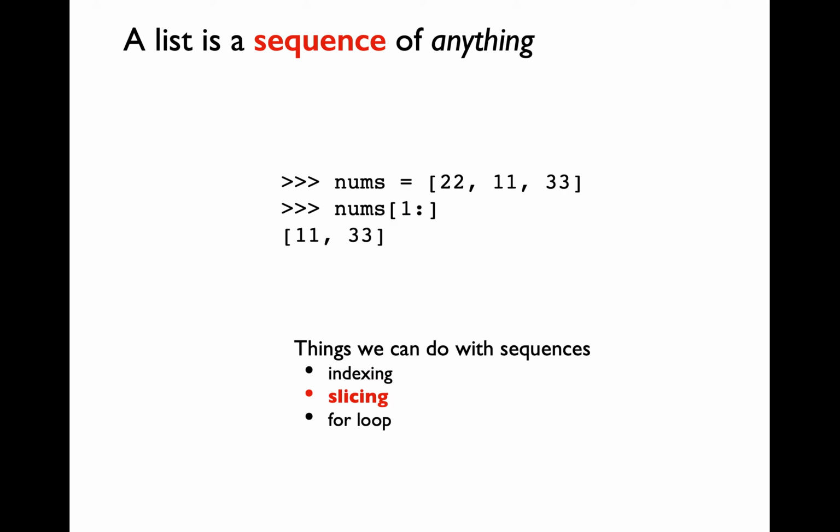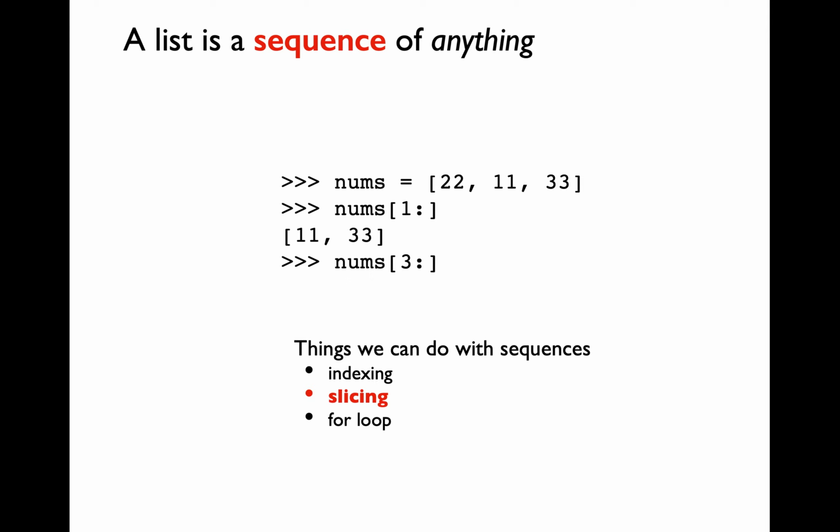Let's talk about slicing. Whenever you slice a particular sequence, you're going to get a subsequence of the same type. If you slice a string, you're going to get a string. So if you slice a list, you're going to get another list. So we are extracting the slice of nums of 1 colon here. That's going to get all the items from index position 1 up until the end, which is going to be a list which contains 11 and 33 here.